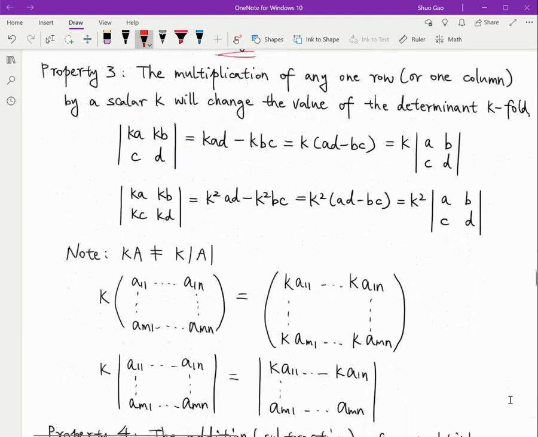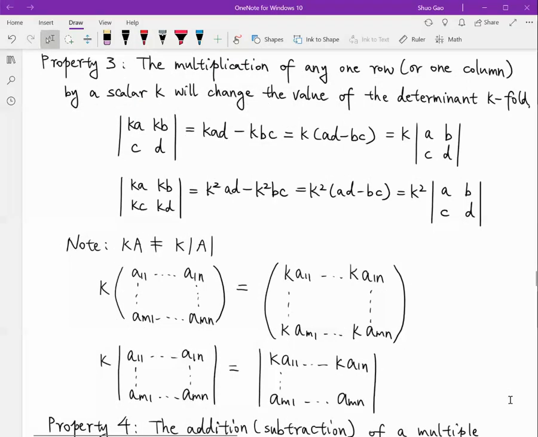And property 3: the multiplication of any one row or one column by a scalar k will change the value of the determinant k-fold. So look at this determinant, Ka, Kb, C, D. We multiply K times the first row, and it becomes Ka and Kb. So the determinant of this matrix should be Kad minus Kbc, and then it should be K times ad minus bc.